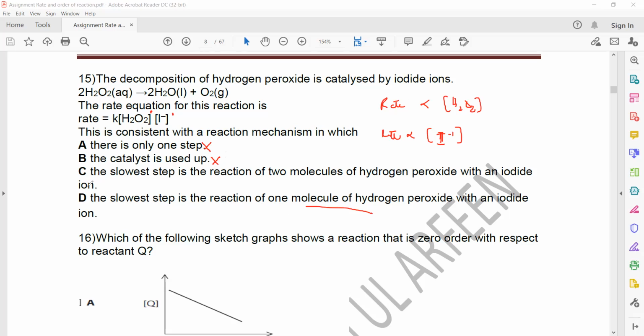So we don't have to look at the reaction equation. We have to check the rate equation, which is always for the slowest step, and check the order of the substances present in the rate equation, and with reference to that we can work out the correct answer. Is it clear? Yes, sir.